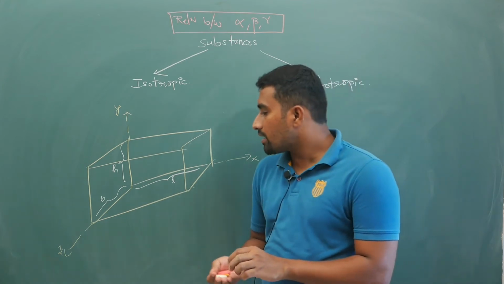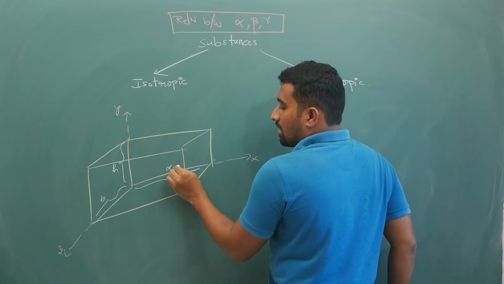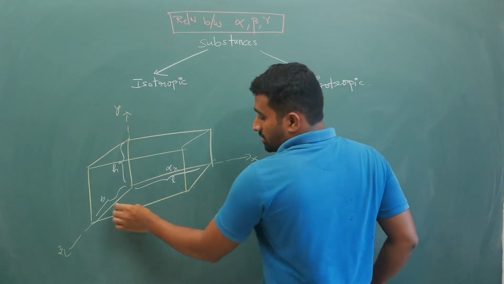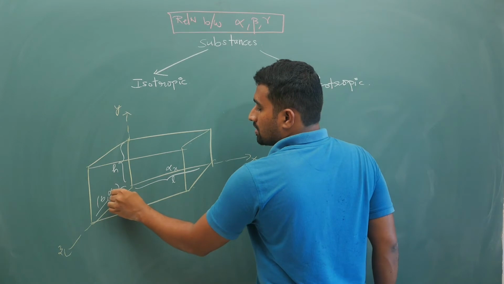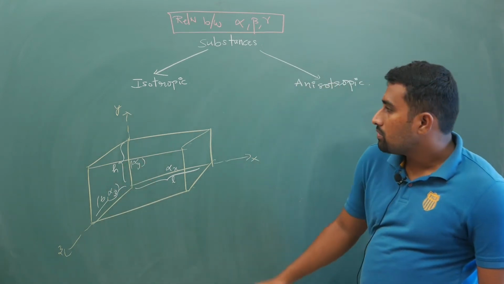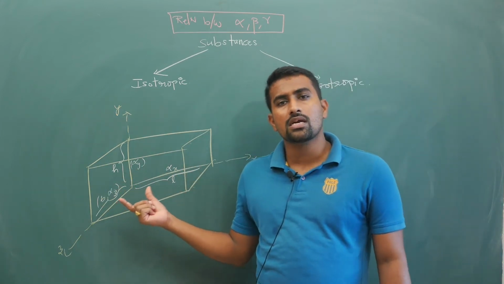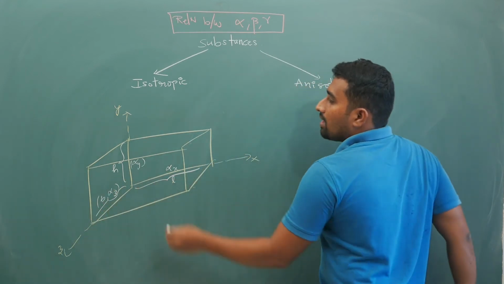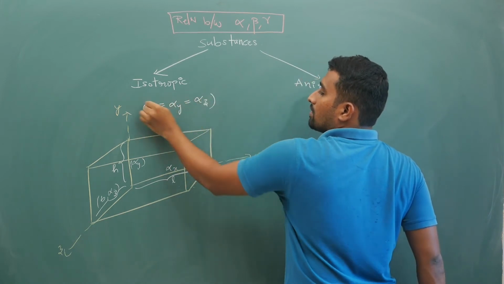If the coefficient of linear expansion along the x direction is alpha x, along the z direction is alpha z, and along the y direction is alpha y, then for an isotropic solid, alpha x, alpha y, alpha z are all equal.